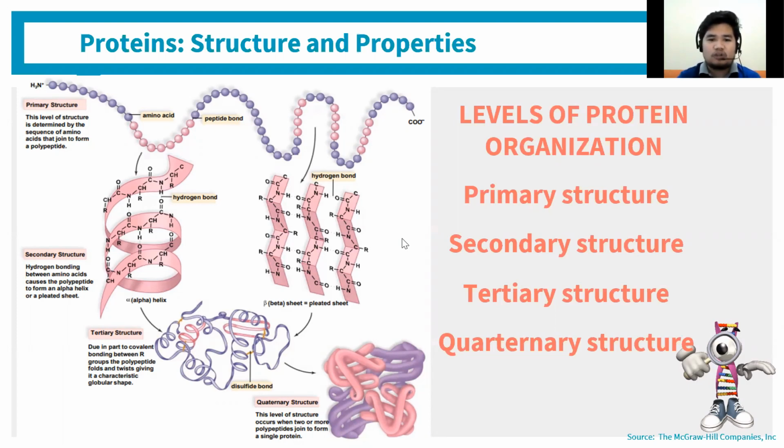So, minsan, sa dami ng folding, kita niyo yan yung quaternary structure, di ba? Sobrang dami ng folds. Sa dami ng folding na nangyayari sa protina, nagkakaroon siya ng substitution. And hindi maganda sa protein yung merong substitution or parang namali ng lagay ng amino acid.